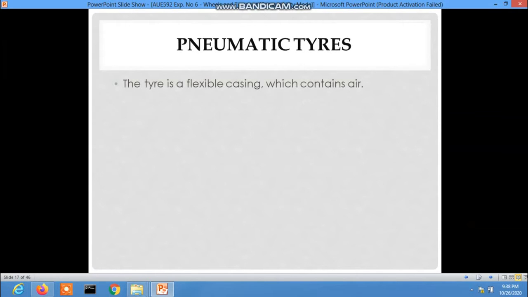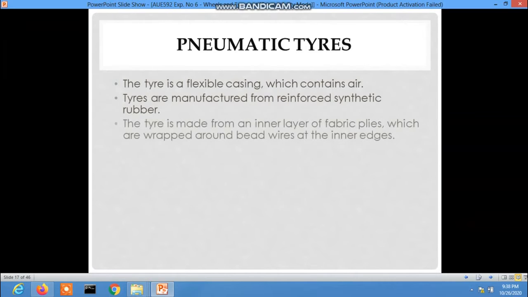Now, pneumatic tires. A tire is a flexible casing which contains air. Tires are manufactured from reinforced synthetic rubber. The tire is made from an inner liner layer of fabric ply which is wrapped around bead wire at the inner edge.